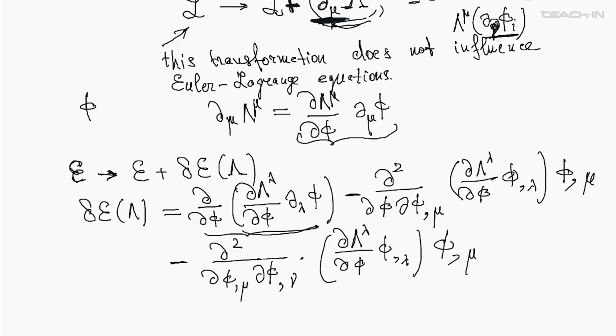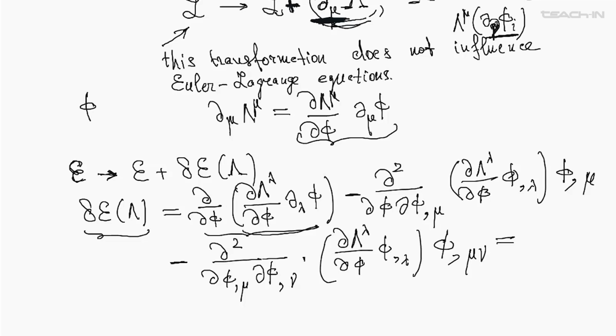And this must be equal to 0. I mean, the whole thing must be equal to 0, but you can see that this additional contribution is 0 by itself. How do you see that? Well, first of all, if you look at the last term here, you see that this object depends on phi, and here you have the first derivative.